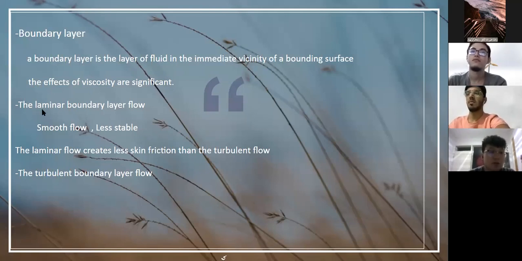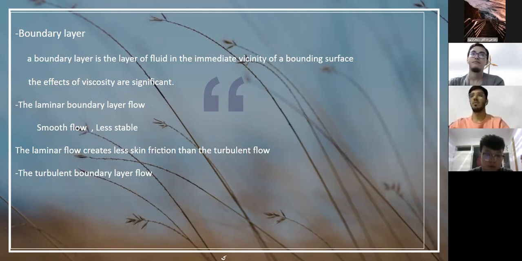The boundary layer includes the laminar boundary layer and the turbulent boundary layer. The laminar boundary layer is a very smooth flow. It creates less friction drag than the turbulent flow, but is less stable.